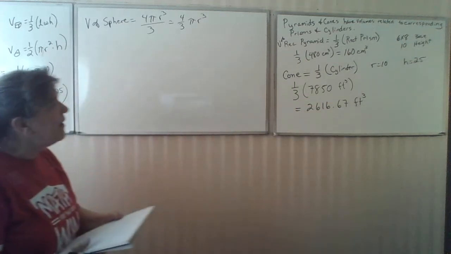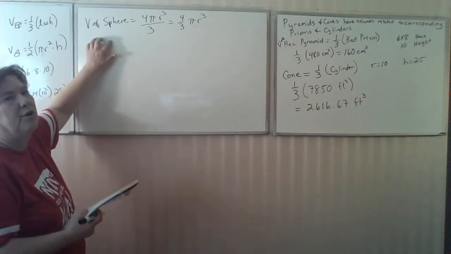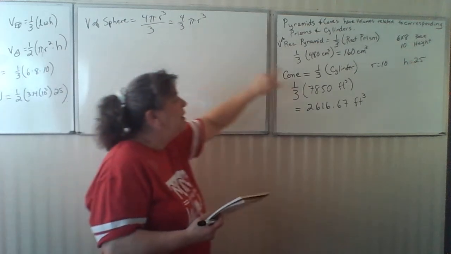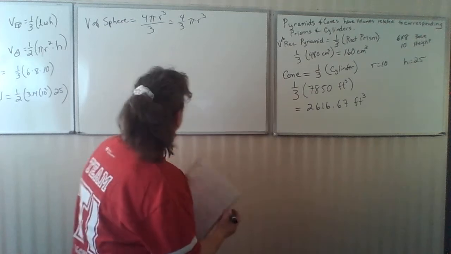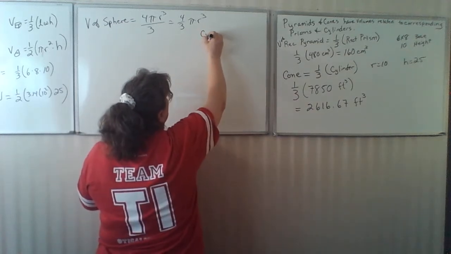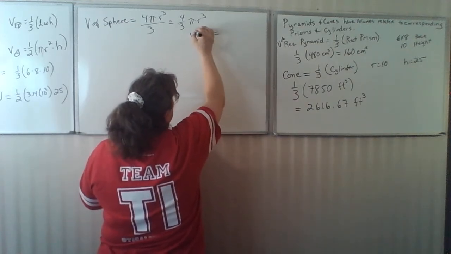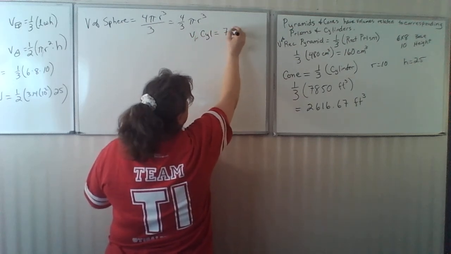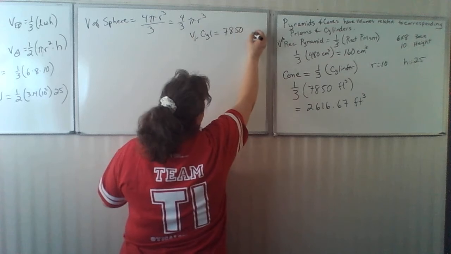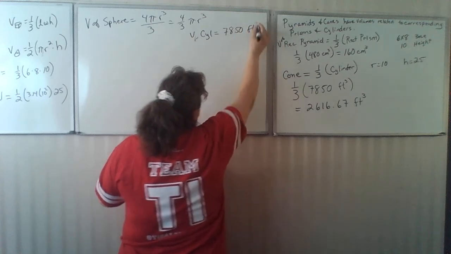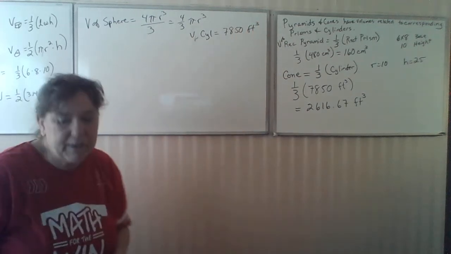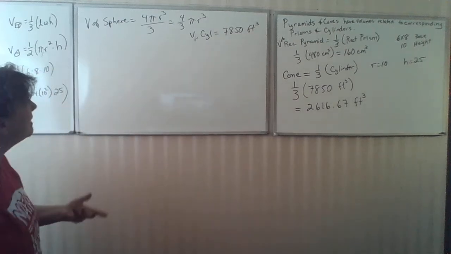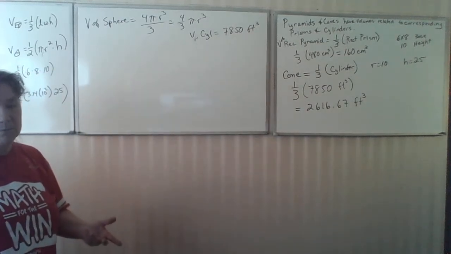Okay, what if I put half of a sphere on top of my cylinder? Remember, I had a cylinder, and my cylinder had a volume of 7,850 cubic feet. How much more cubic feet will be in there if we build a silo and put a half a sphere on top of it?